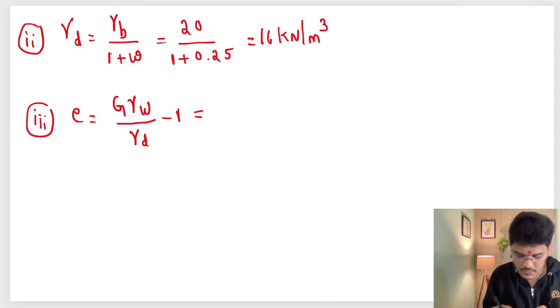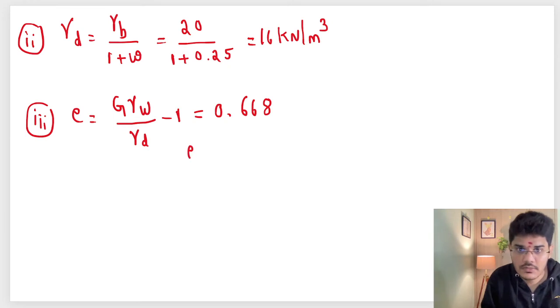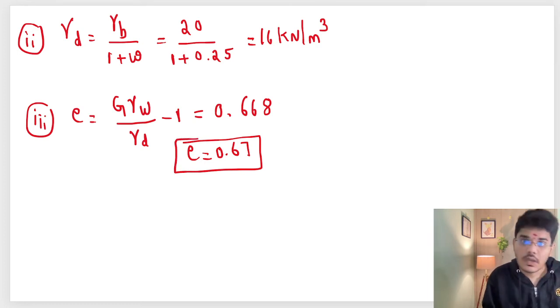So 2.67 into 10 divided by 16 minus 1, that is 0.668. That means e value we can take 0.67. So gamma d value 16, e value is 0.67.